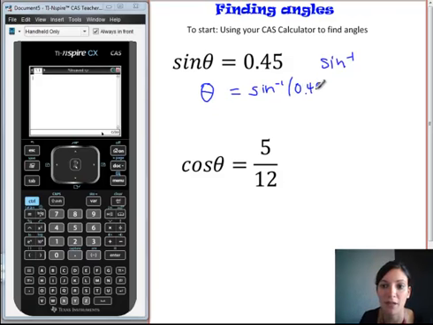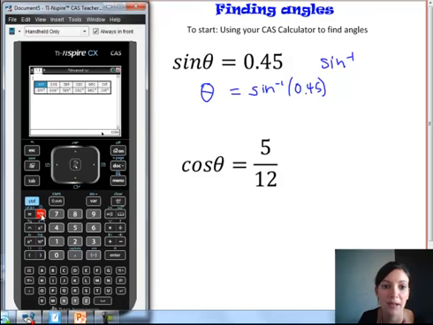Okay, and then we can type that into our calculator, which is really simple. If you go back to where your trig functions are, you'll notice that under the sine button there is an inverse sine button. So you would click that and then put in the value, so 0.45, and then Control Enter, and you'll get 26.7437.